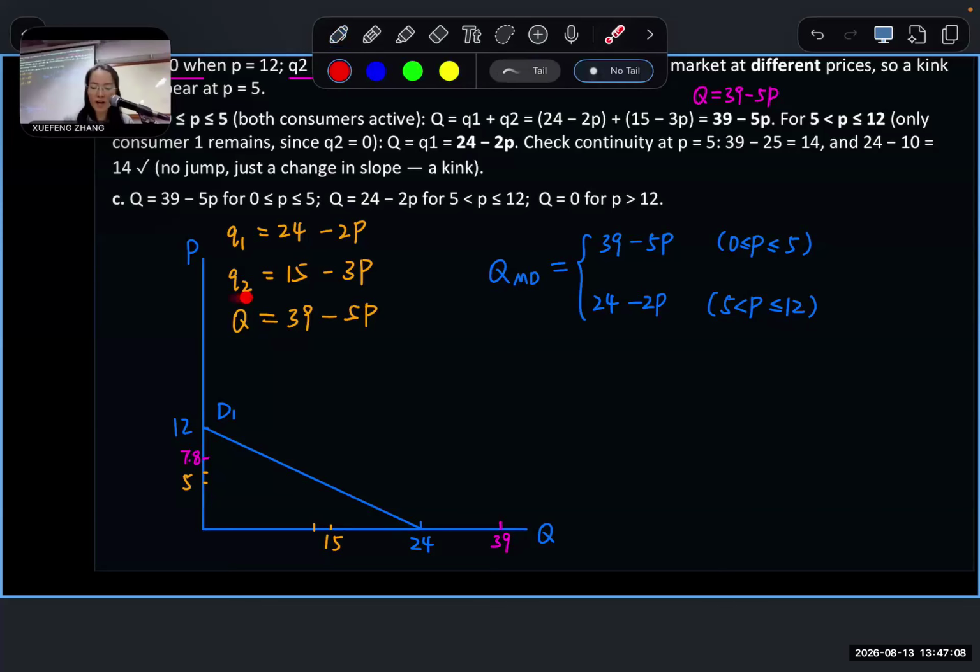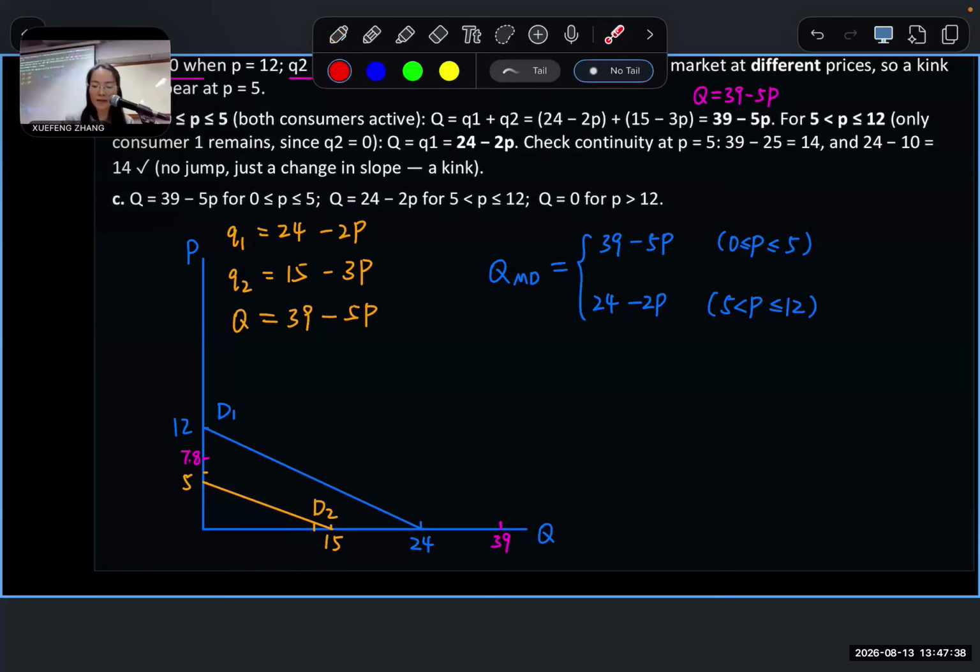The second one: if Q2 equals 0, P equals 5. That's why you should label 5 here. If P equals 0, Q2 equals 15. That's why 15 here. This is the demand for the second consumer.